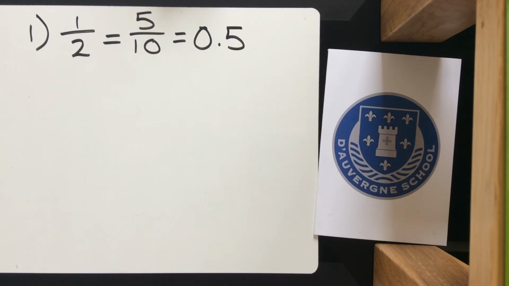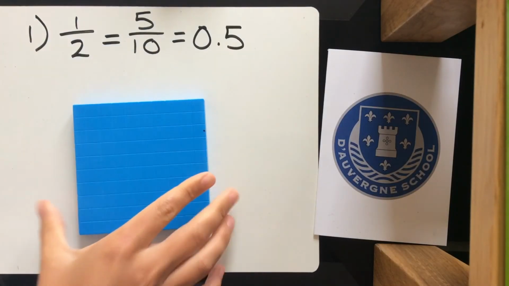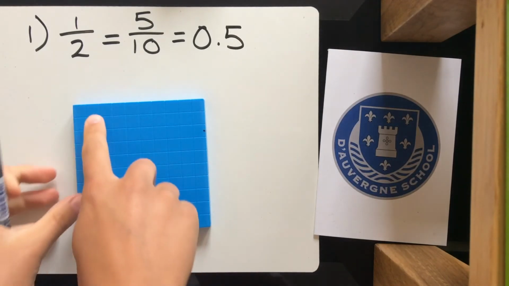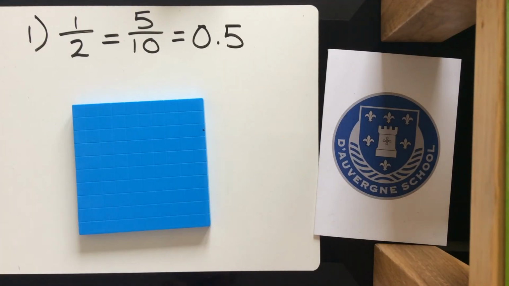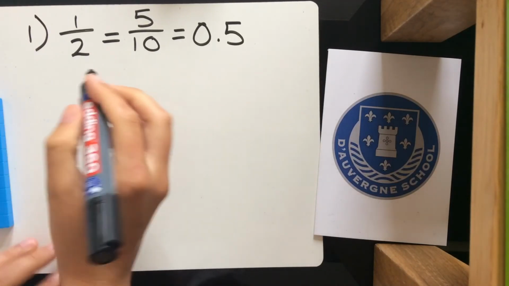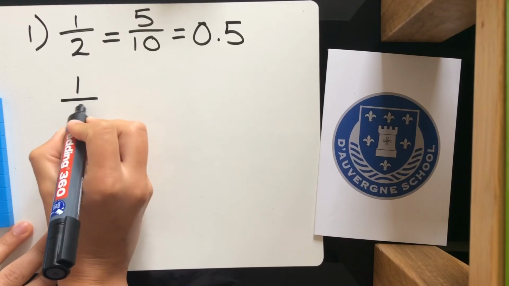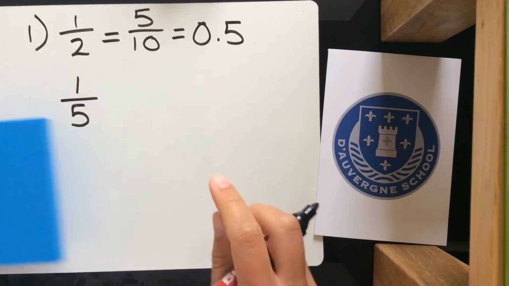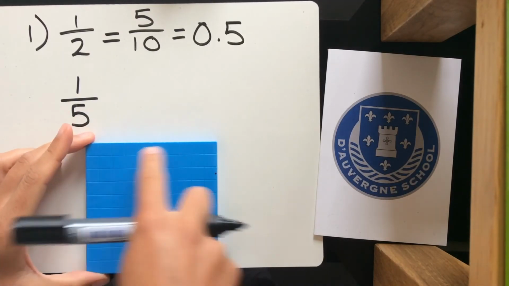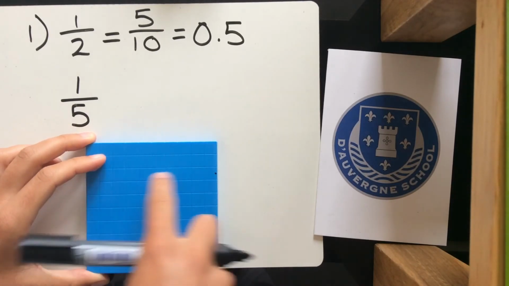Suggest another fraction that can be written as tenths. So let's have a look. Another fraction that we could write as tenths in rows. I think we could write 1/5. So 1/5 of this shape would be 2 rows.